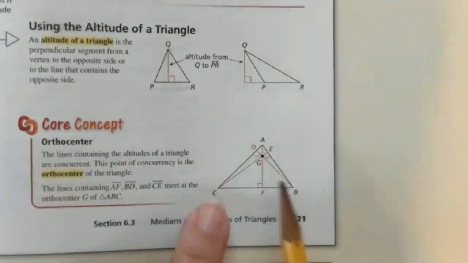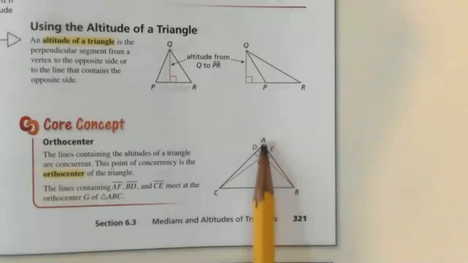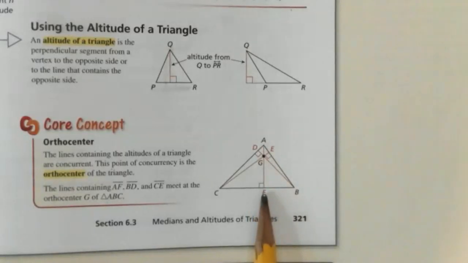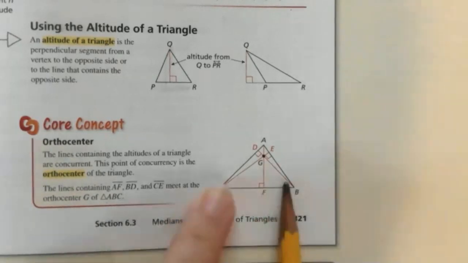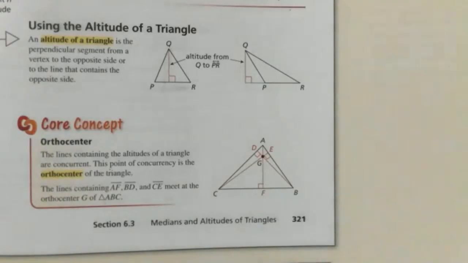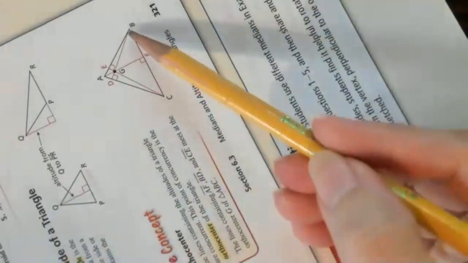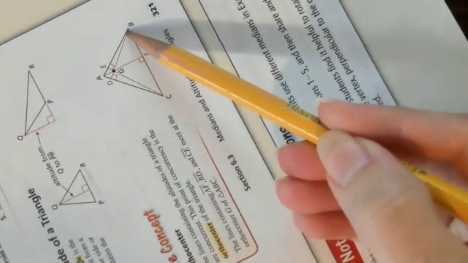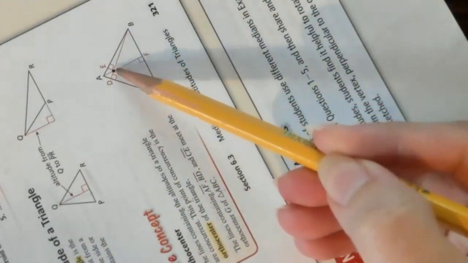So if I was to take this triangle and start here at point A and draw my altitude straight down and have it be a right angle, I would get this point right here, F. Then if I were to turn it and do it for this other side, I'm going to come to my opposite vertex, which is B, and draw it straight down to where it forms a right angle.